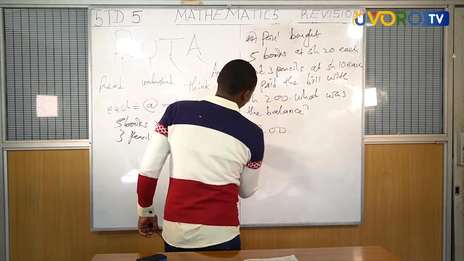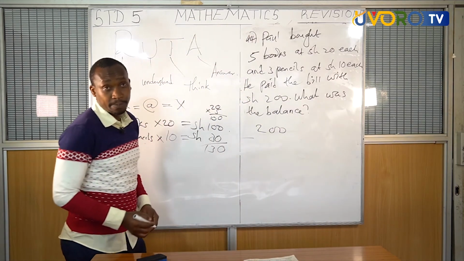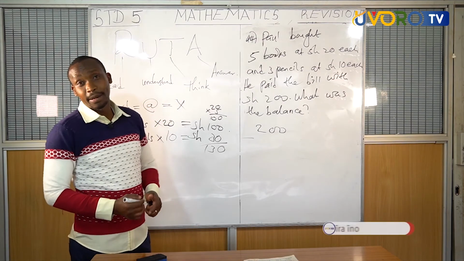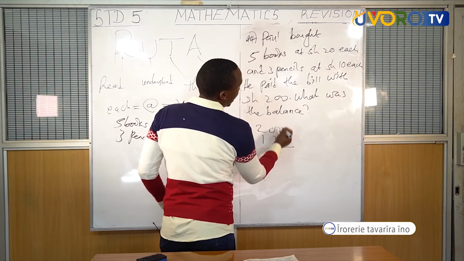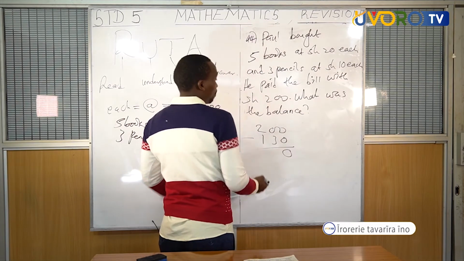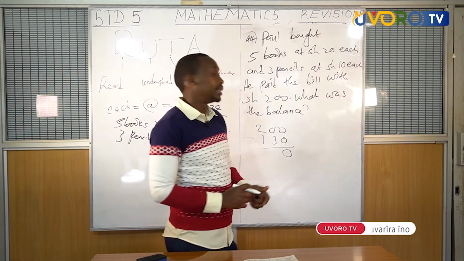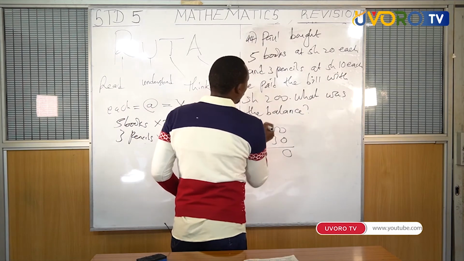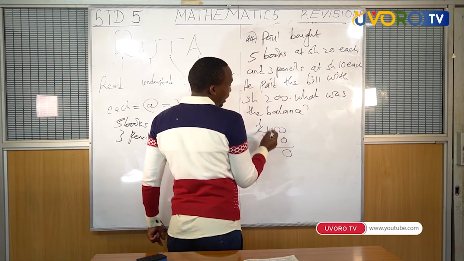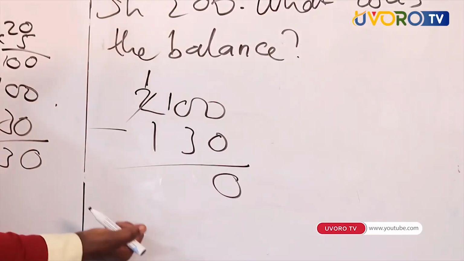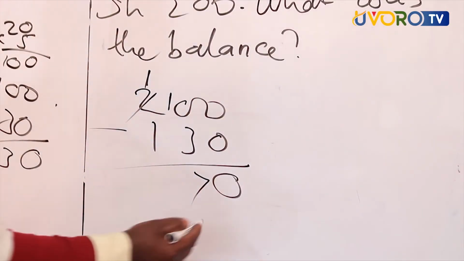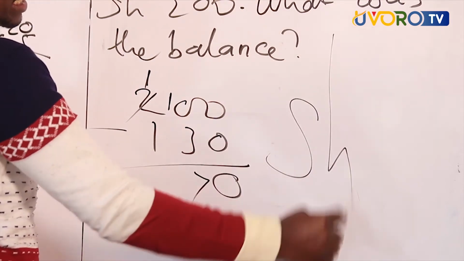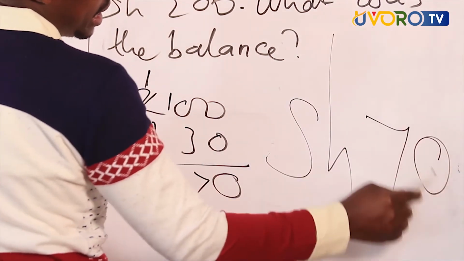After giving the shopkeeper 200, what was the shopkeeper supposed to give back? 200 minus 130. 0 minus 0 is 0. 0 minus 3, it can't. You borrow 1 from 2, then you go with 10. 10 minus 3 is 7. 1 minus 1 is 0. So the answer is shillings 70.